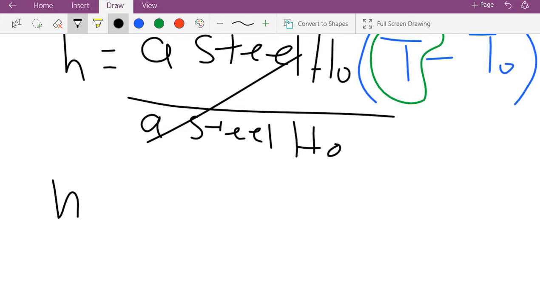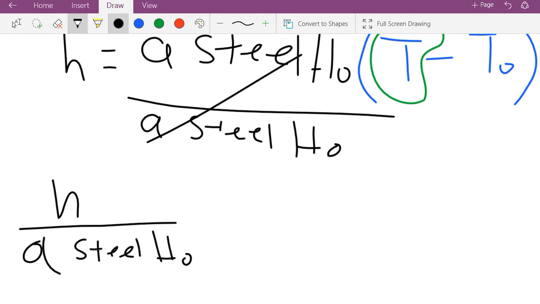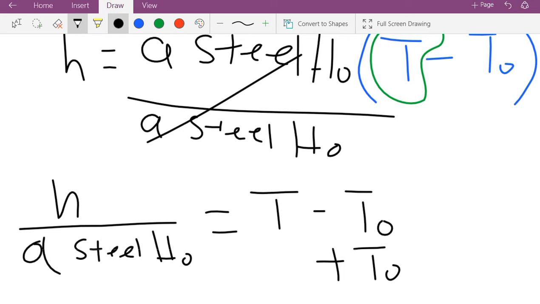h over alpha steel big H naught, and that's going to equal t minus t naught. And then from here we just add t naught, so we add t naught, and these will cancel.